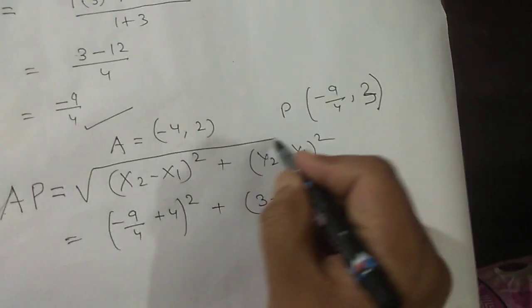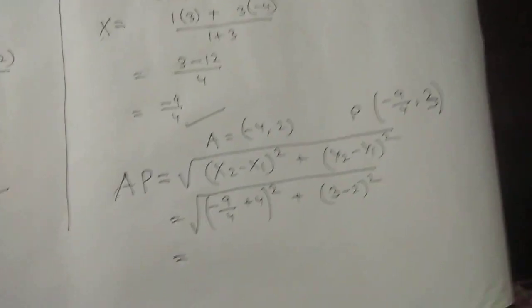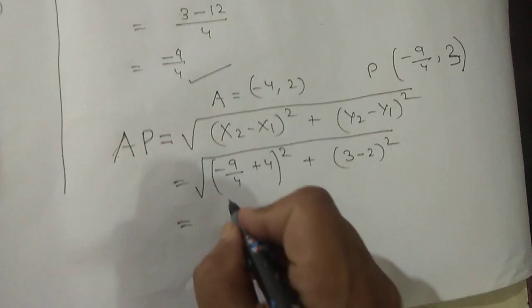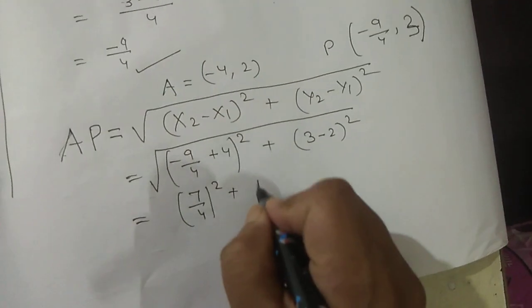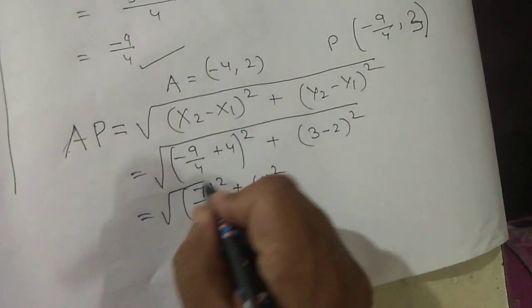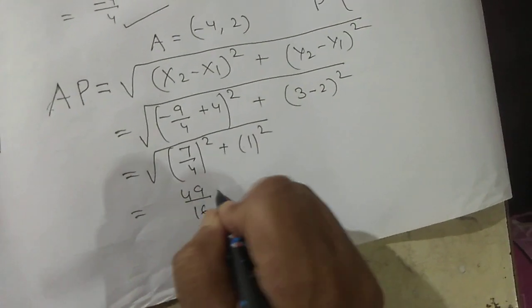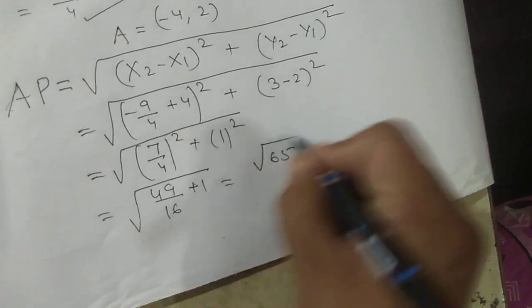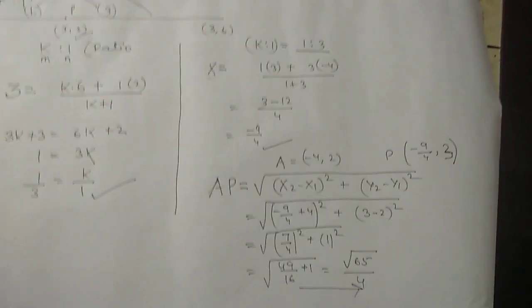So 4 fours are 16, 16 minus 9 is 7, so 7 by 4 whole square, plus 1 whole square. 49 by 16 plus 1. So this is root 65 by 4. Like this, you will use the formula.